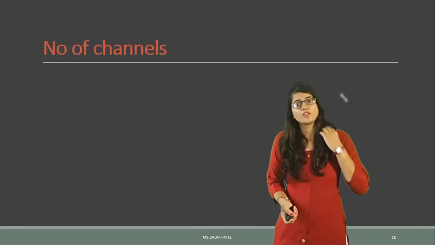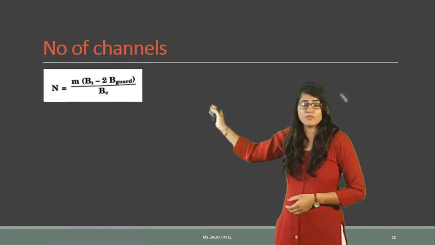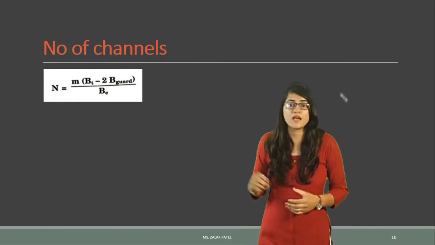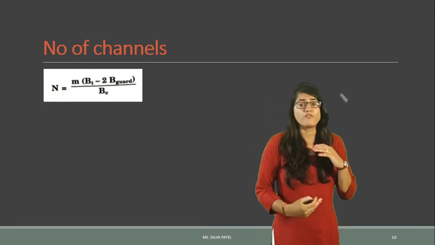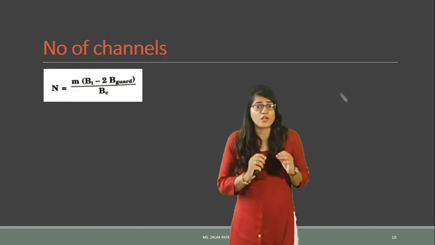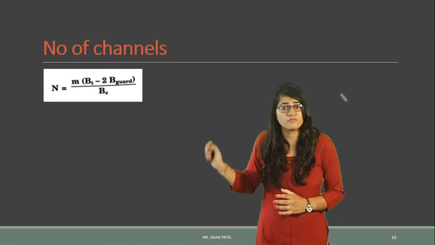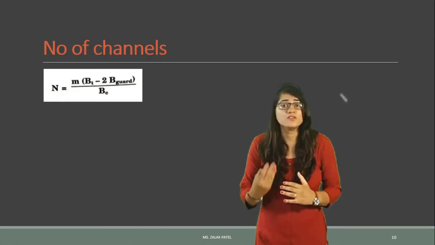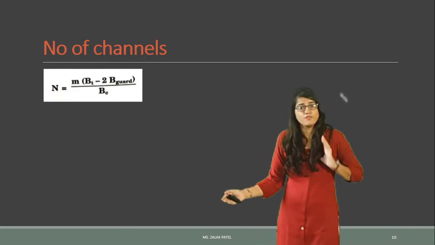Now let's talk about the number of channels in the case of TDMA. In TDMA, the equation for the number of channels is M times (BT minus 2 times B guard) divided by BC. The difference between the formula of FDMA and TDMA is this M. Instead of only (BT minus 2 times guard band) divided by BC, we use the number of users, because in TDMA many users can use the same channel, instead of each individual user using an individual channel.